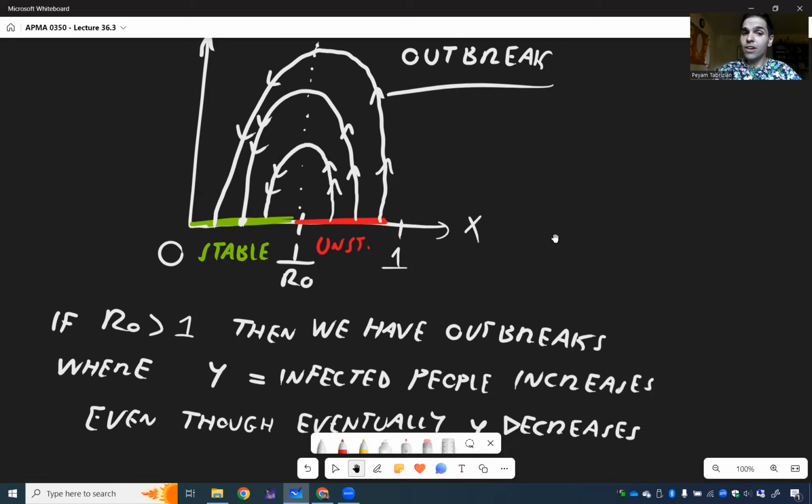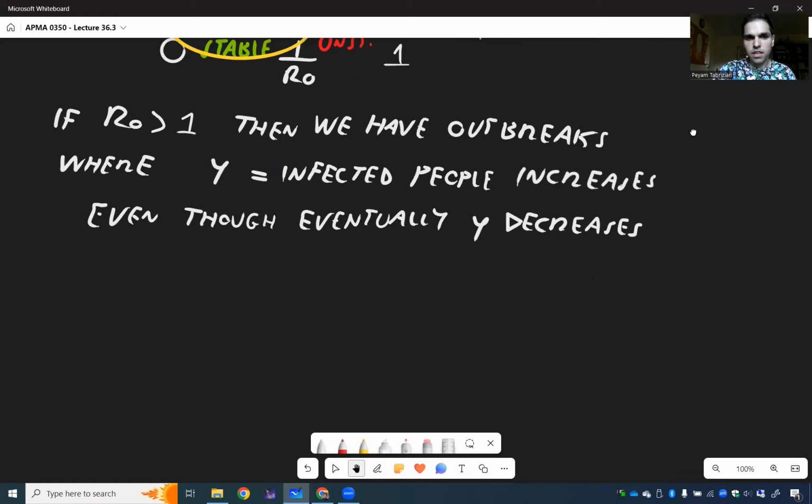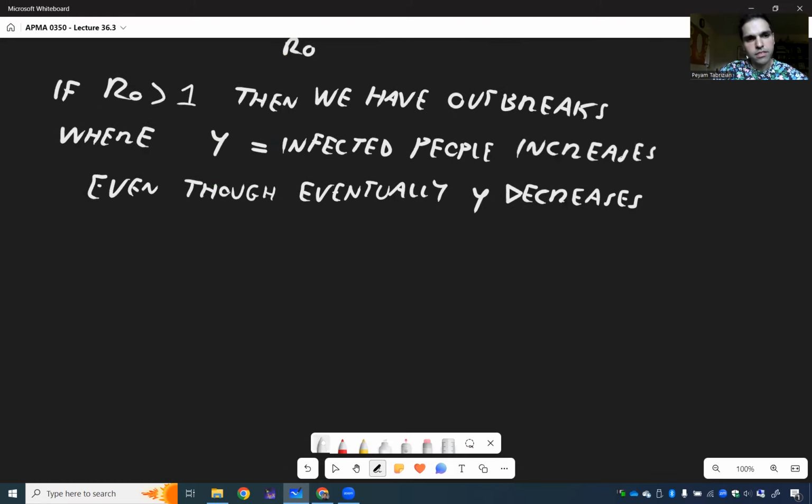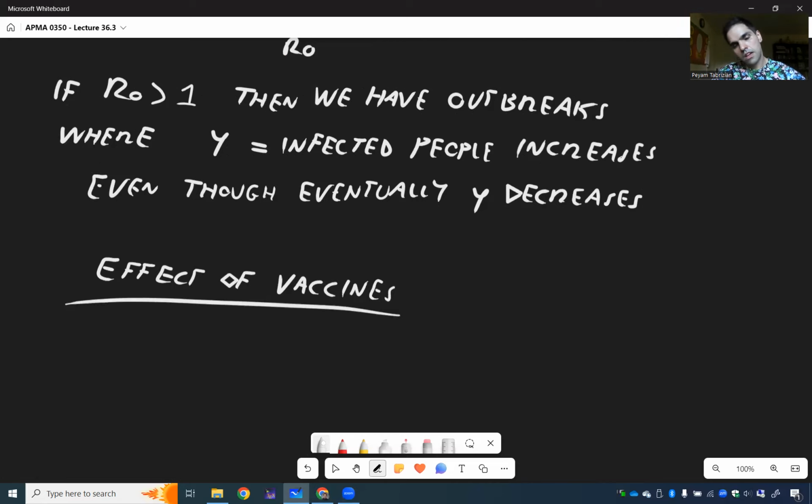The last thing I want to mention is actually about the effect of vaccines. And the question is really, when are we in that stable region? So when is x less than 1 over r naught?